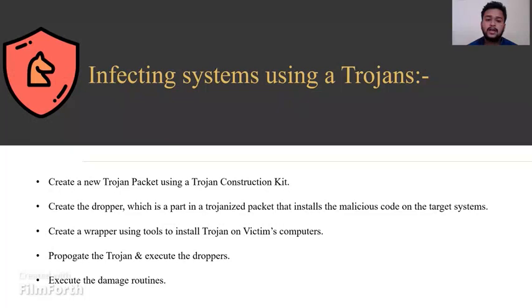Now we will see how hackers infect a system using a Trojan. Create a new Trojan package using the Trojan construction kit. Hackers create the dropper, which is a part in a Trojanized packet that installs malicious code on the targeted system.